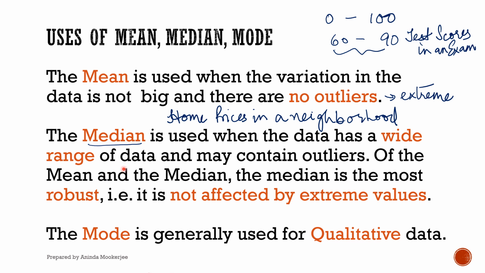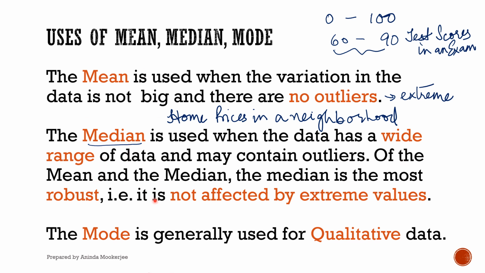So that's a wide range of variation in the data set. In those cases, they always give us the median salary at a certain company, perhaps. So those are the situations where the median is a more reliable, better measure than the mean is.